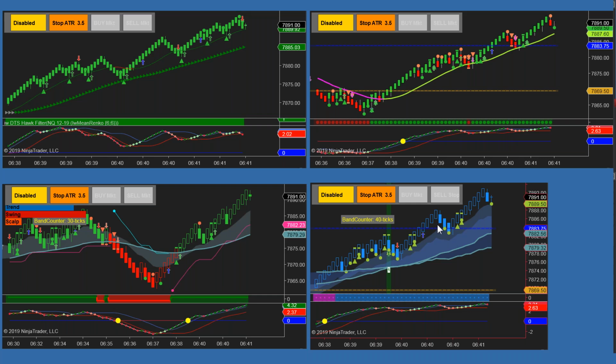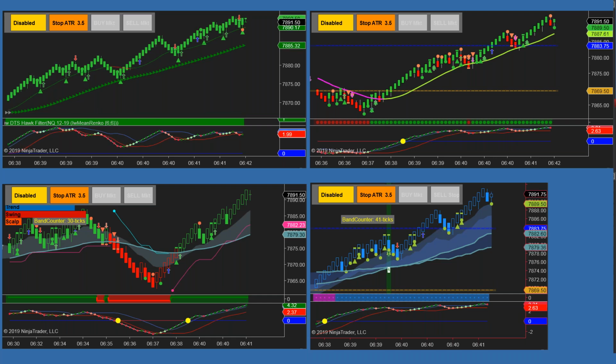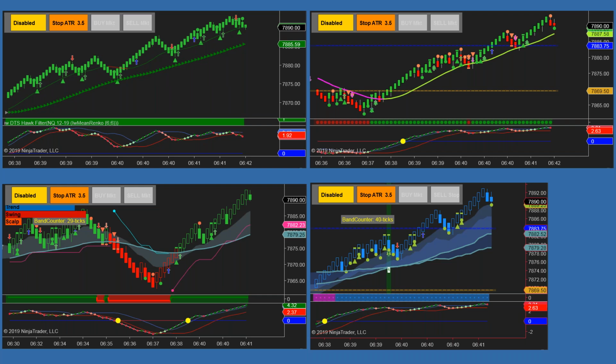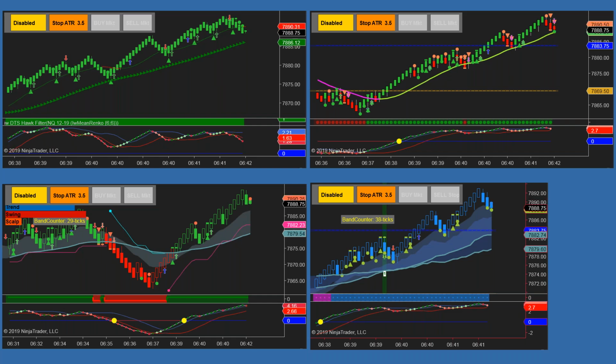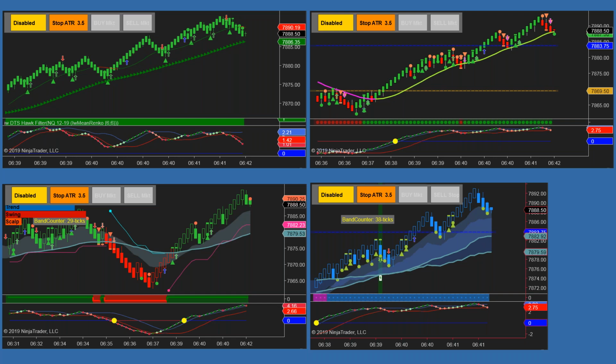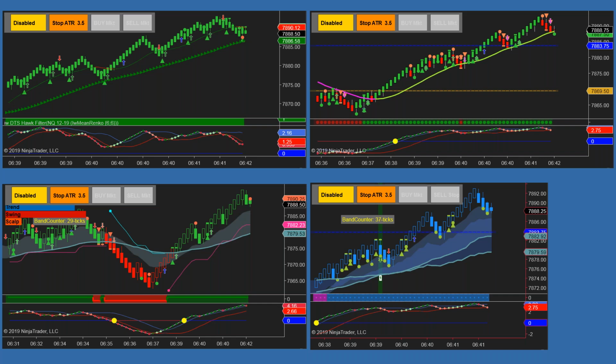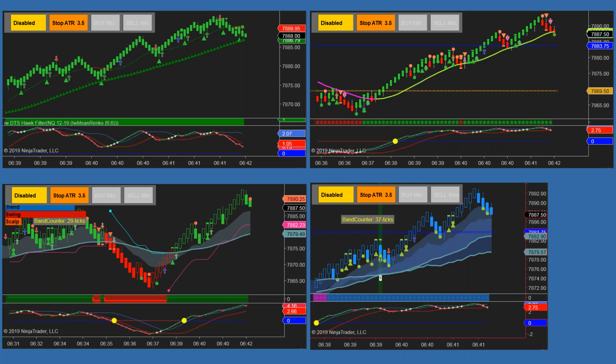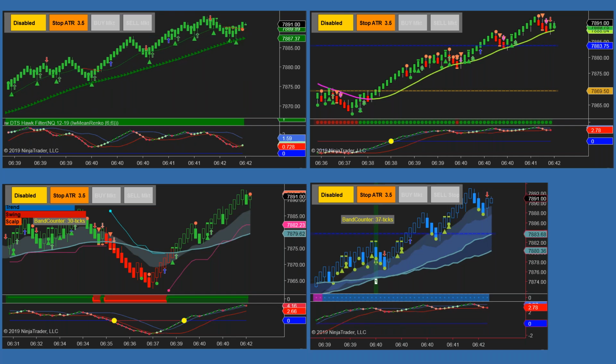We're getting close to, or close-ish to, that 7,900 zone that has knocked the market down a few times the last few days. Oh, the joys of trying to trade opening range.